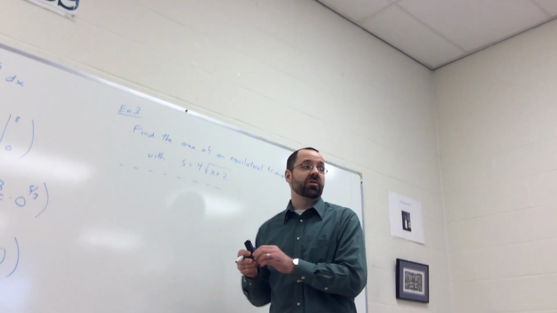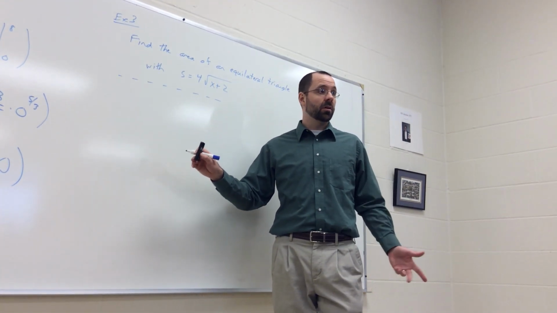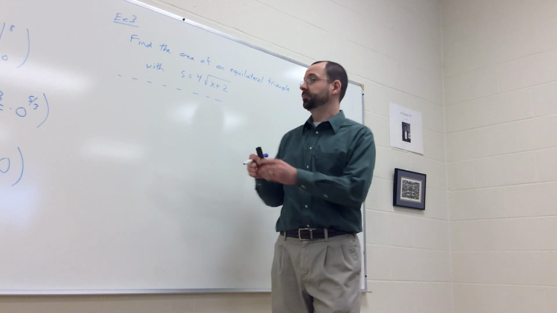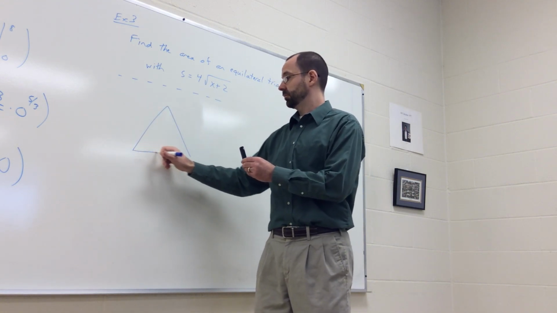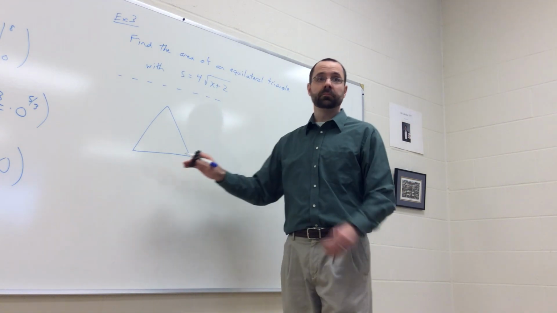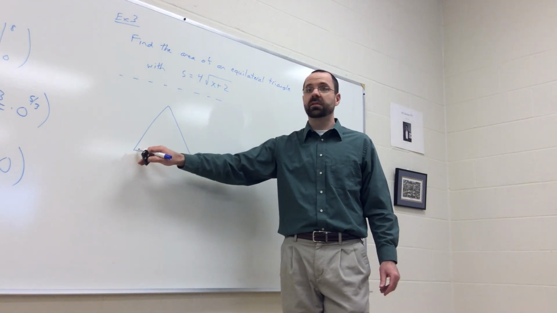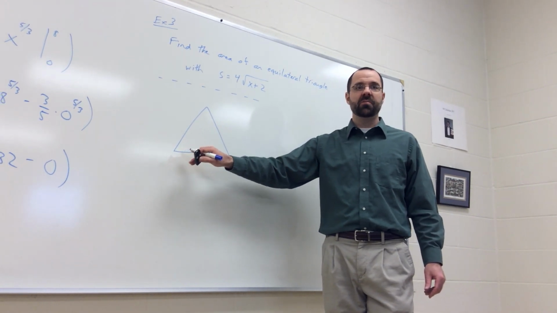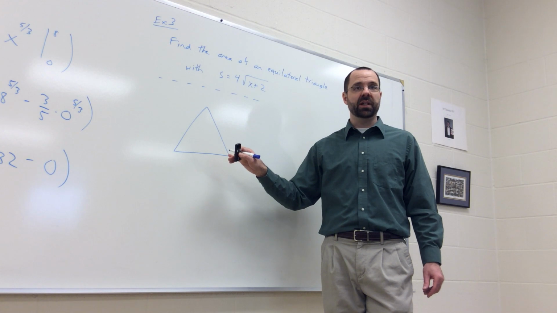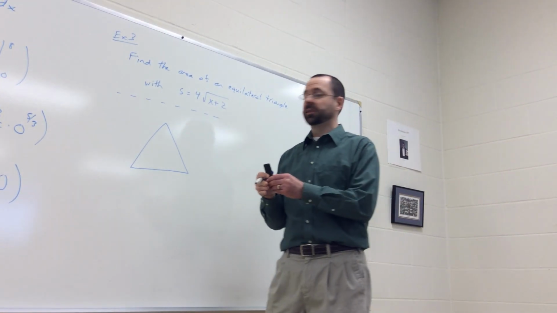Okay, so what's an equilateral triangle? All sides are equal, right? How big is this angle? 60 degrees, because the three angles of a triangle add up to 180, and an equilateral triangle will have all the same angles as well.